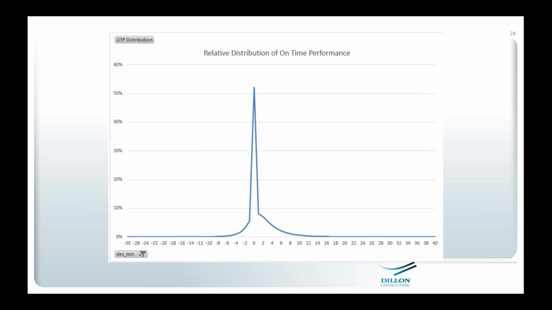You can see that almost over half of the distribution was rated 0, or its closest minute. If you were to calculate the mean, it would be slightly late, a slightly positive number. That gave us some confidence that the data was realistic after all of that data manipulation to get it to that point.